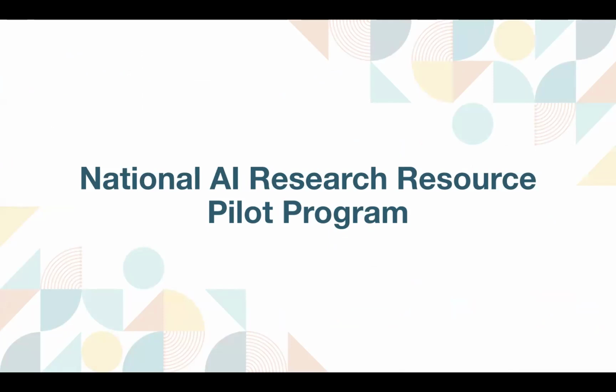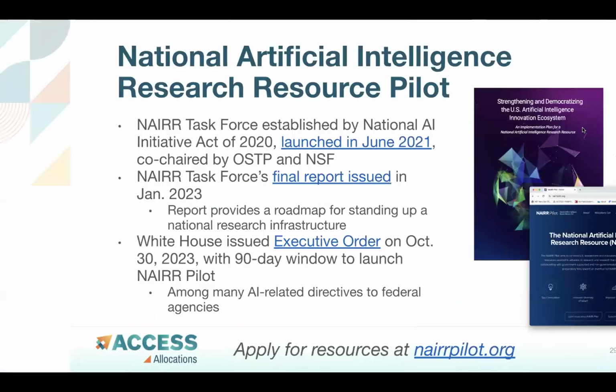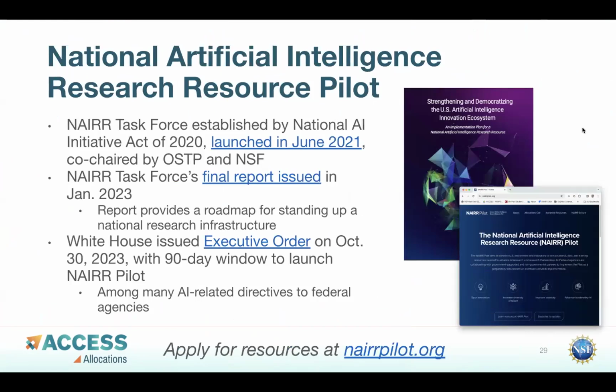I'll talk about something that's very similar, a little bit different, a little more high level. But this, what everyone's been referring to as the NAIRR, the National AI Research Resource, initially came out of a task force that was established back in 2020. The task force met for about a year and a half.